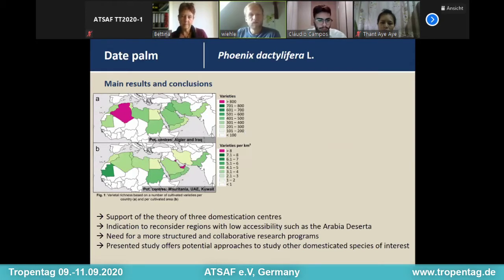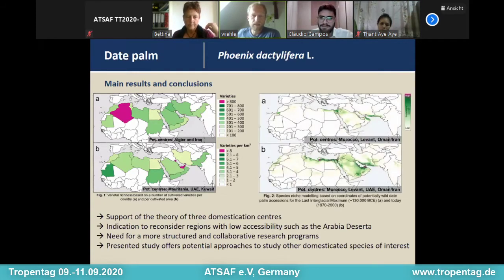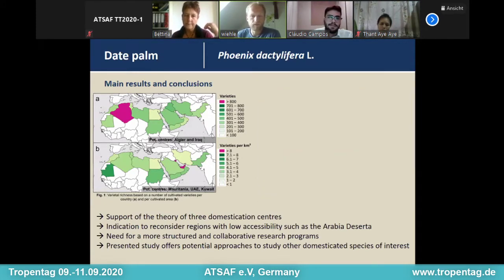Lastly, we synthesize literature and own data to better predict putative regions of wild date palm. I present here now 2 outcomes of this study. The first one is this Vavilov center theory, where the number of date palm varieties per country revealed a more or less balanced distribution with a clear focus on Northwest Africa, Algiers region. When looking at the cultivated areas of this region, varietal richness was concentrated around Kuwait and the United Arab Emirates, but also a higher share in Mauritania.